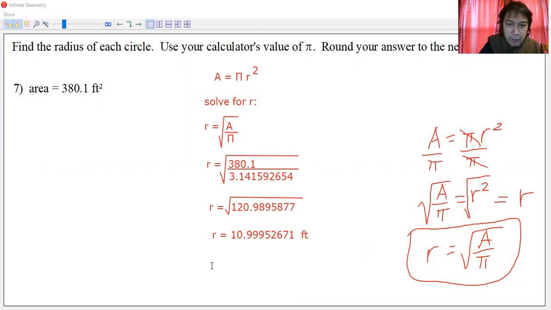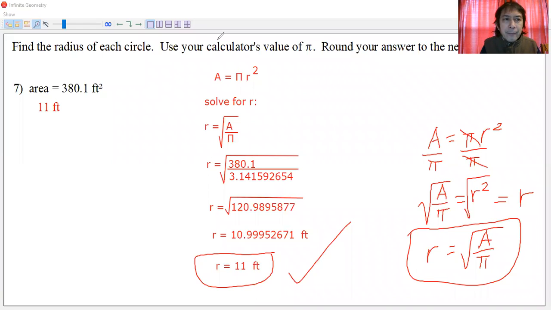And then our final answer is just 11. Okay, rounded to the nearest tenth, this will be 11.0 or simply 11 feet. There. Okay. All right, so let's check and verify. Yes, 11 feet is correct.